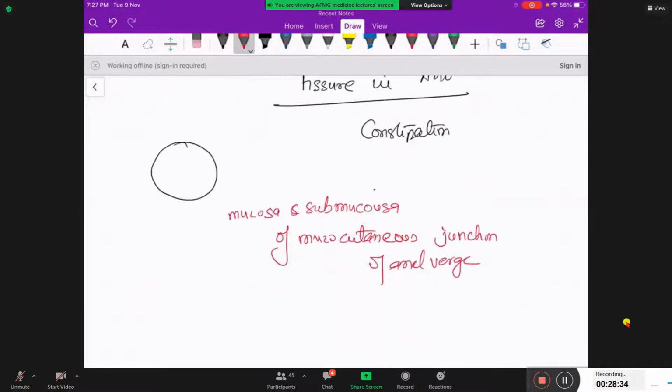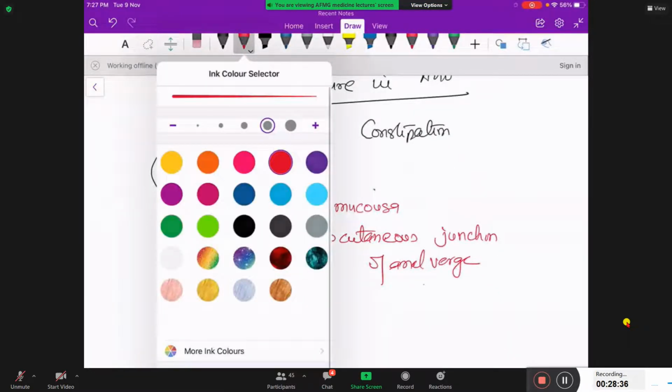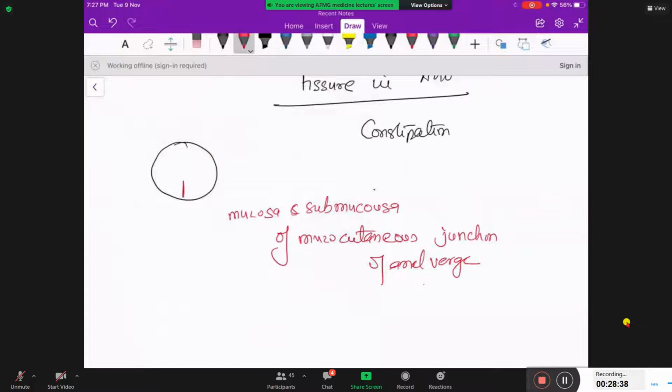And where does it do that? Most commonly, this erosion happens, very commonly asked question, midline posteriorly.